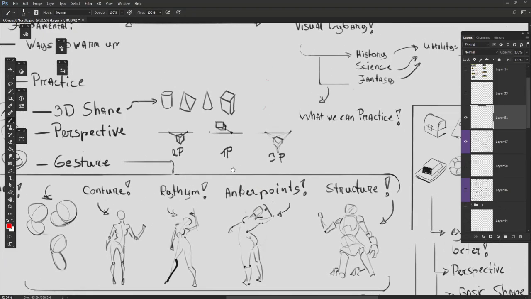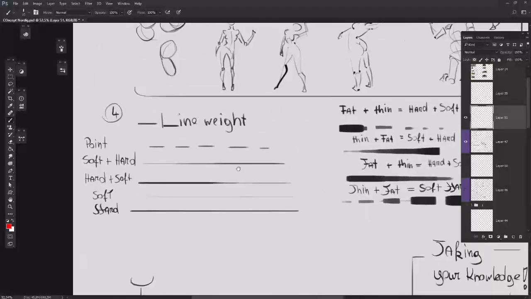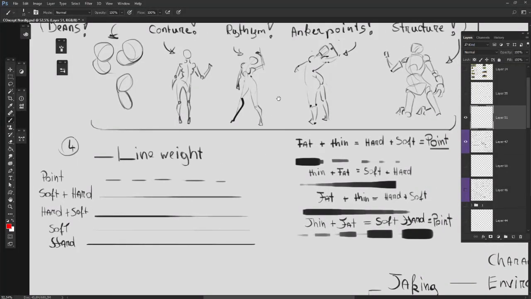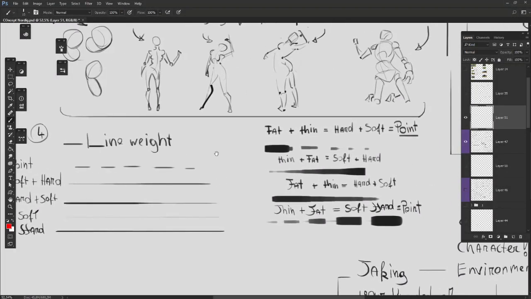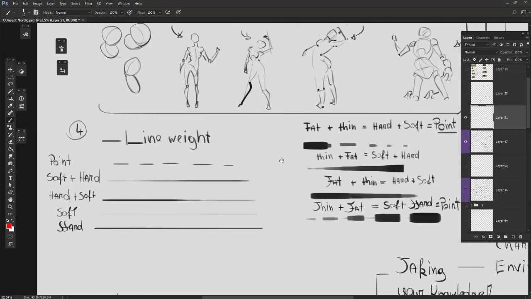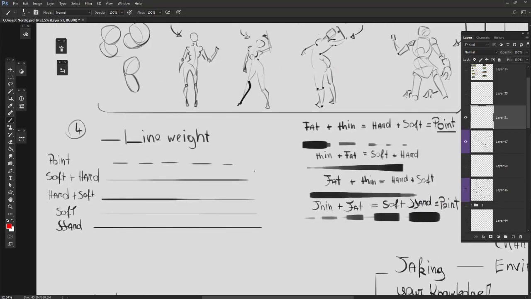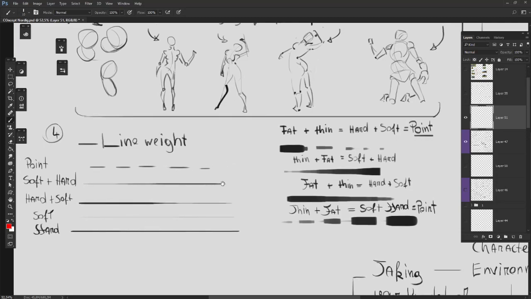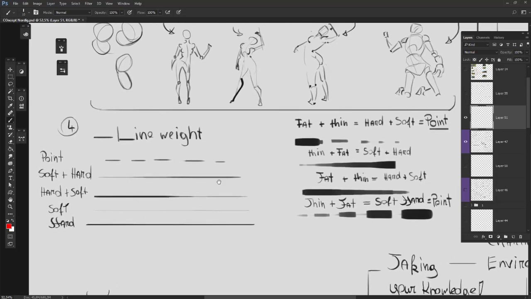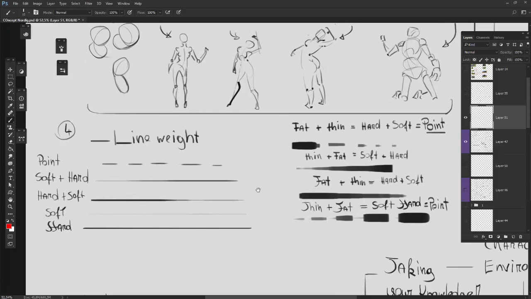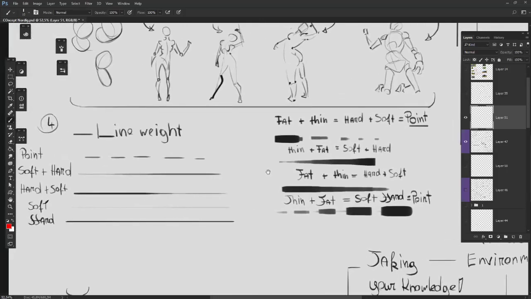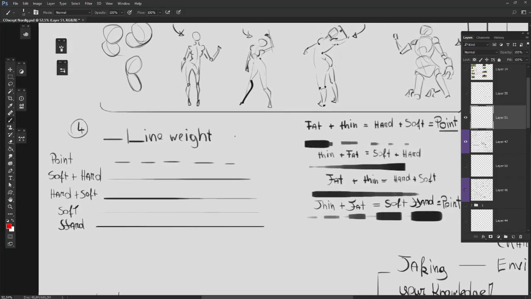Thank you, Turk. So the next thing we can actually practice and warm up is line weights. And in line weight we have a couple of things here: how we can proceed with our lines and how we can do it. I'm going to go deep in this one.